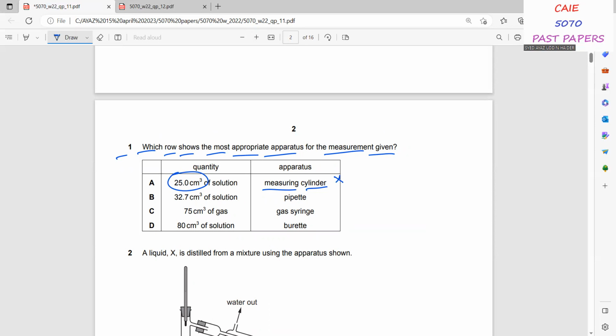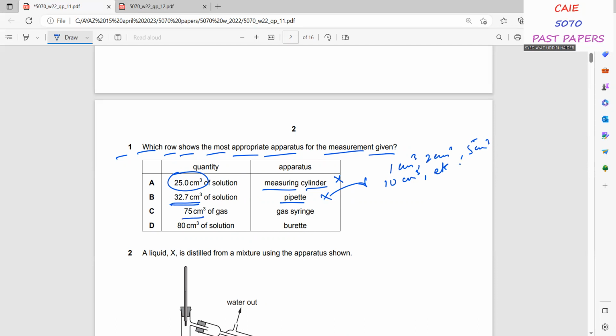For B, we have 32.7 cm³ of solution and we are using a pipette. A pipette is available for very accurate volumes, like 1 cm³, 2 cm³, 5 cm³, 10, and so on. So we can't have any pipette showing this value. So this is also incorrect.